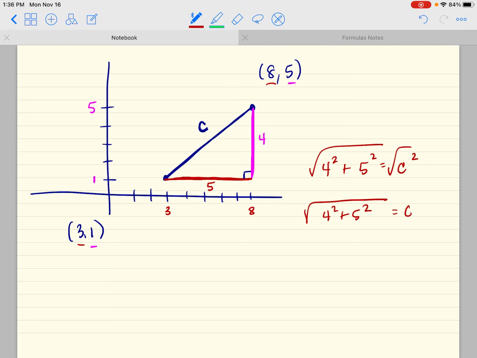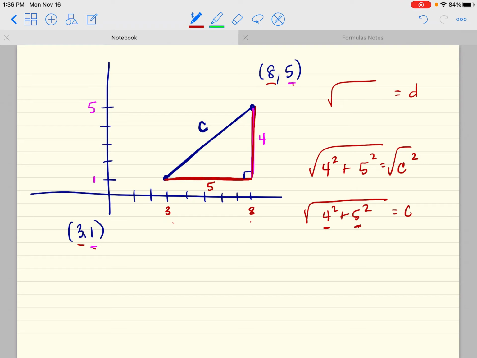Now, the distance formula is doing the exact same thing. In the distance formula, you have d equals the square root, right? Well, this 4 we can get by subtracting our y values: if I subtract 5 and 1, I get the 4. And the 5 we can find by subtracting the x values, the 8 and the 3.